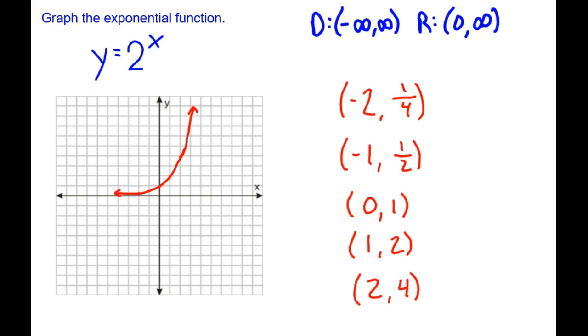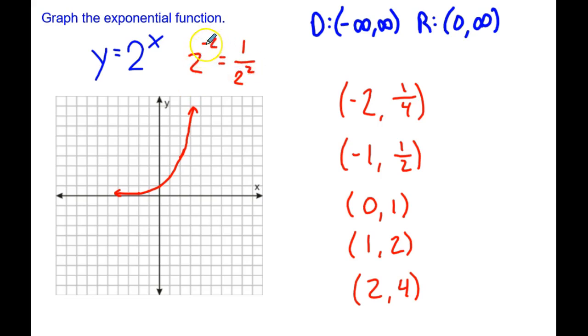Some of you may be wondering how we got y values of 1/4 and 1/2. We have to recall exponent properties. If I take 2 and raise that to the -2 power, using exponent properties, if I want to make this exponent positive, we use the reciprocal property, so I would move this term to the denominator. We could rewrite this as 1 over 2 squared.